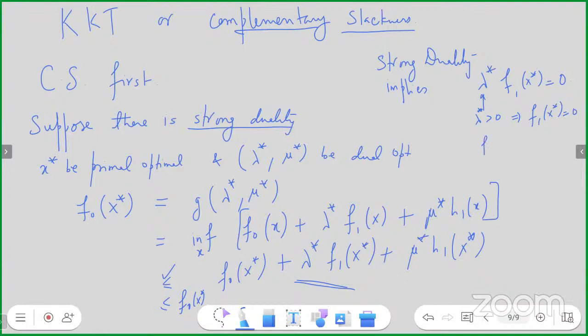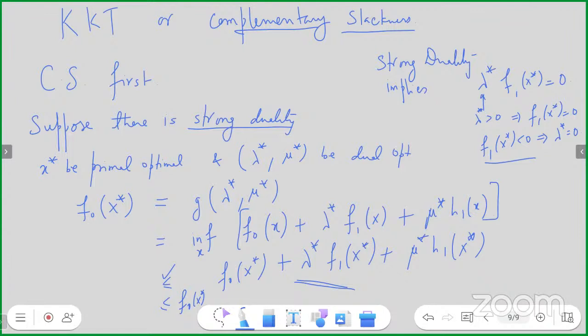And if f1 of x star is strictly negative, this is easy to understand: the constraint is not active at the point where the optimum is being achieved. So the Lagrange variable should have no impact on it. This is what it means, right? At the optimal point, that constraint is not even active. You're strictly inside because it is strictly less than 0. So having it or not having it should not matter really. That is why the corresponding variable should not have any impact.